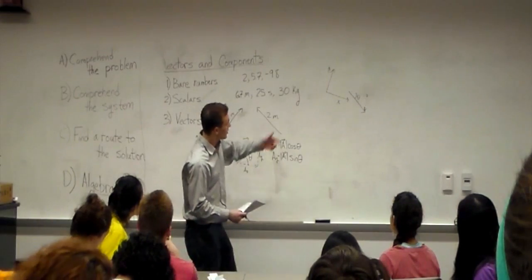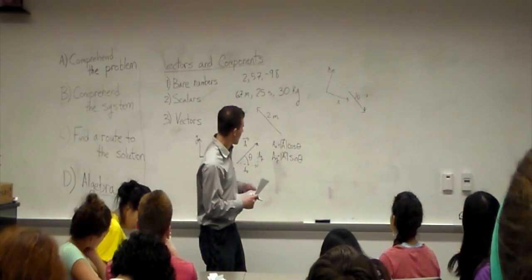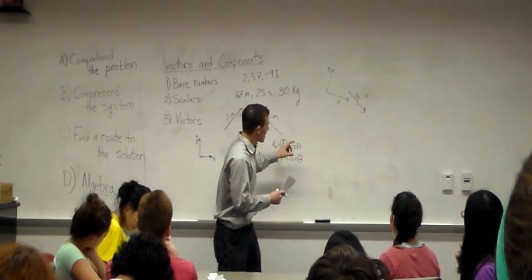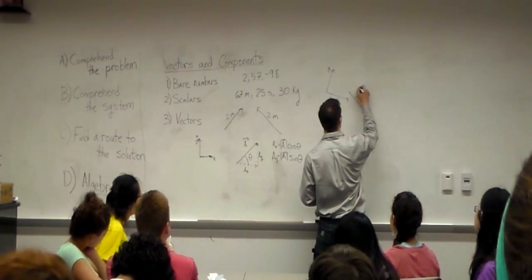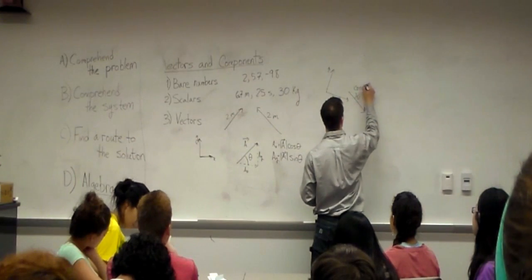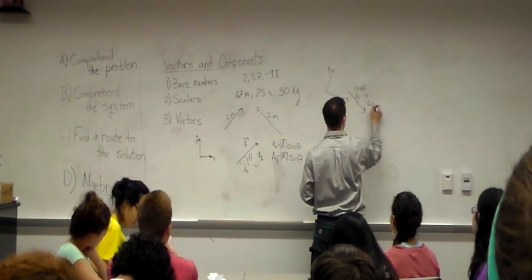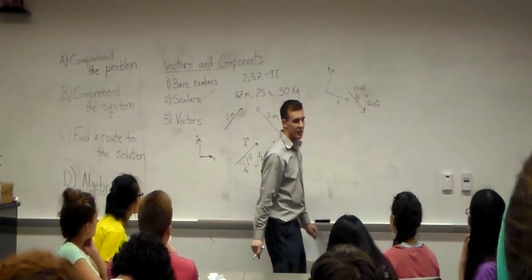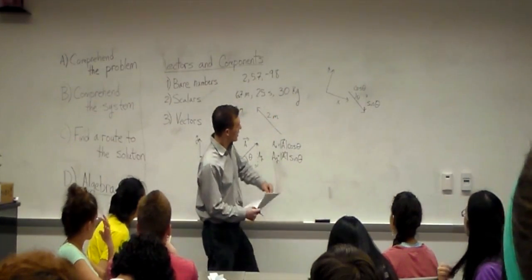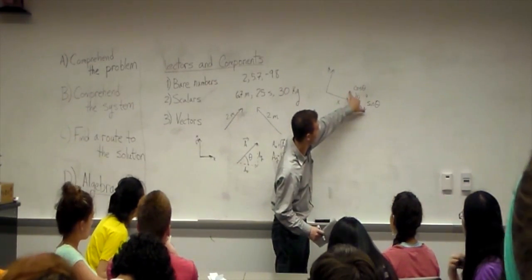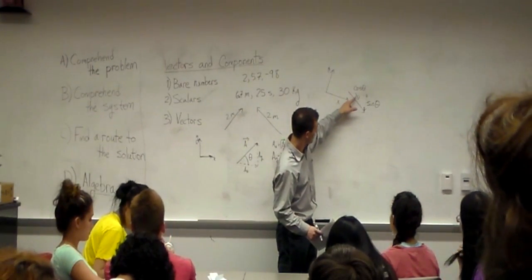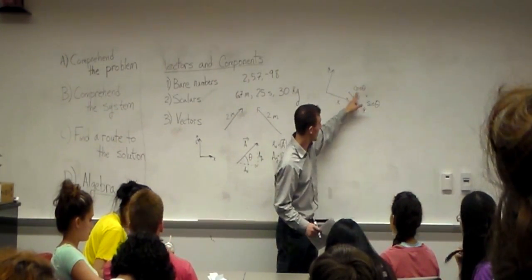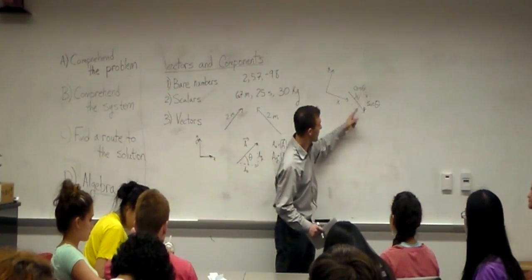So when we do it like this, what you really should understand is that the cosine goes with the side that is adjacent to the angle. So this guy is the cosine, and this guy is the sine. Adjacent meaning lying right next to. So you have the hypotenuse, which is the length of the whole vector, and whichever side is right next to the angle that is not the hypotenuse, this guy is the cosine, and the opposite one is the sine.